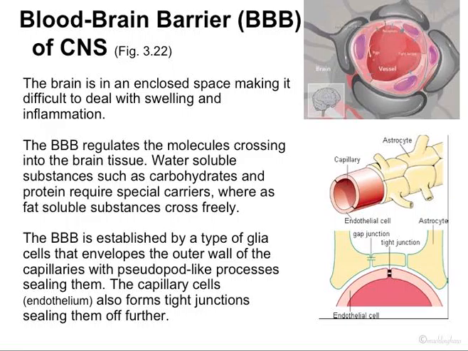We call those pseudopods or processes; pod refers to feet. So they seal that capillary up and make it very difficult for substances to just go through, and only the substances we want go through. That's basically what the blood-brain barrier is. We have to make sure we are very protective of what goes into the brain, particularly.